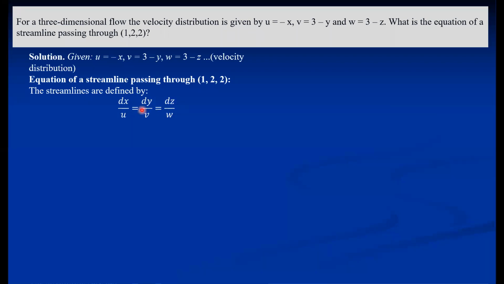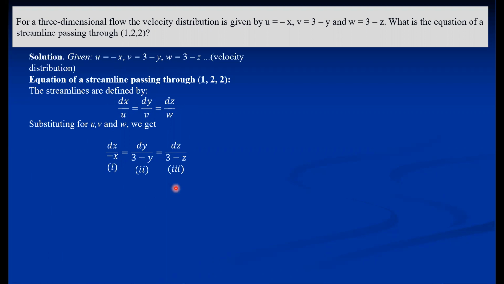Both are the same, but this is a convenient form for solving examples because we require integration. Now we can substitute the values of u, v, and w: minus x, 3 minus y, and 3 minus z.